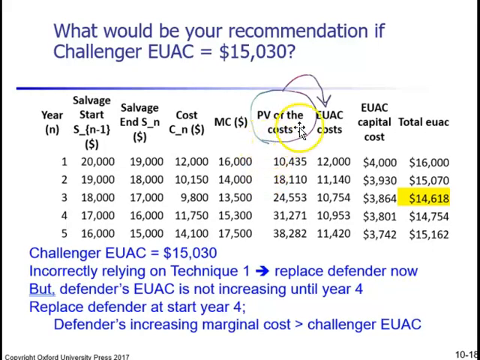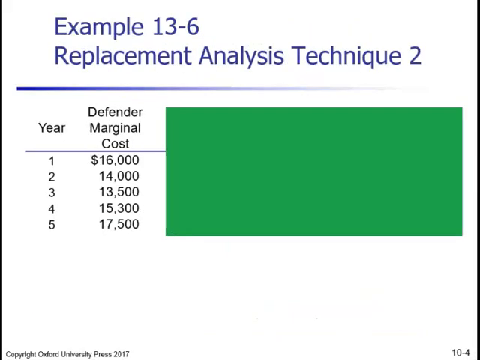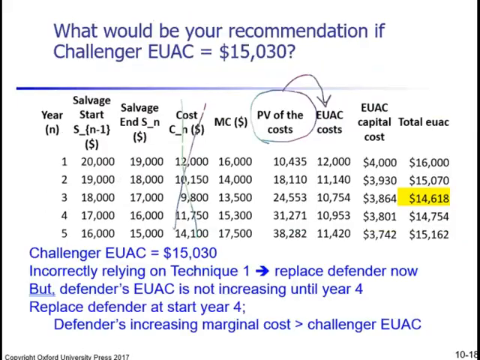And in fact, you cannot now calculate present worth of cost, because in the new presentation, it doesn't give you that column. In the new presentation, it doesn't give you the column of salvage value, so you cannot go and calculate EUAC of capital costs.